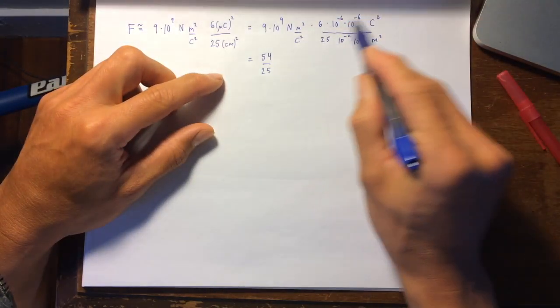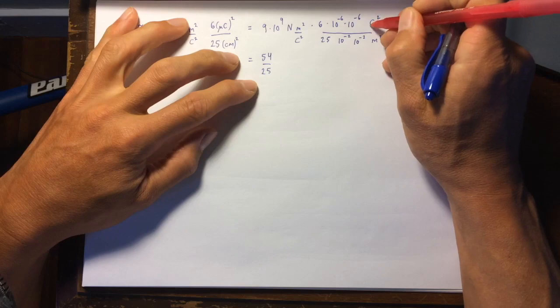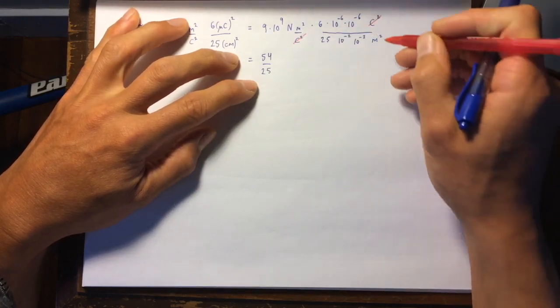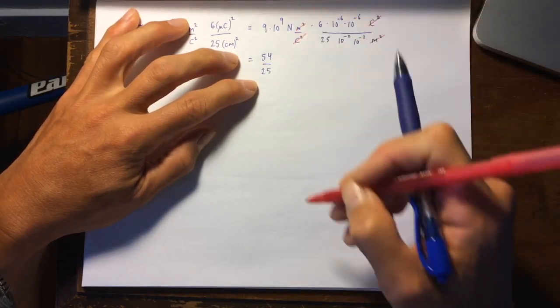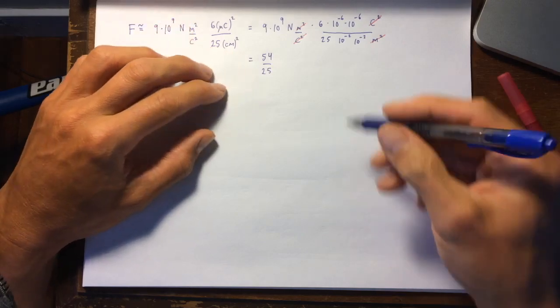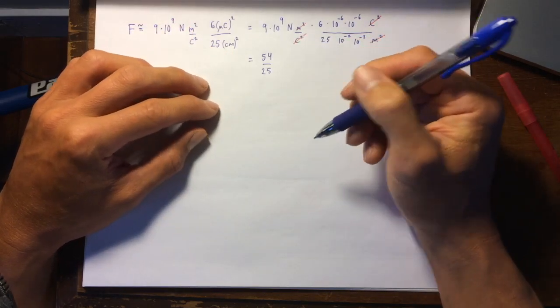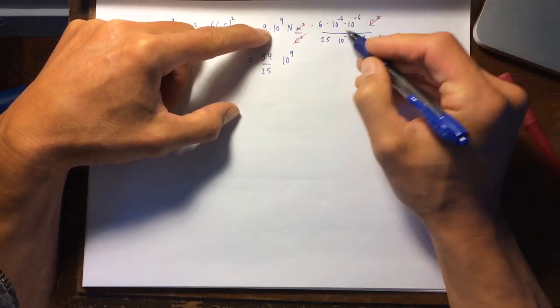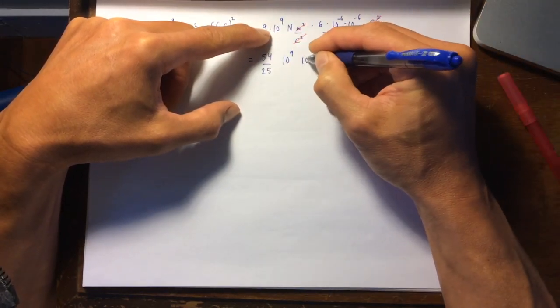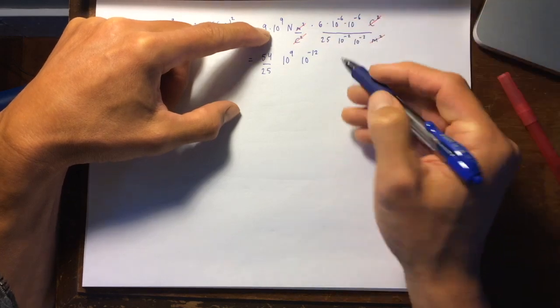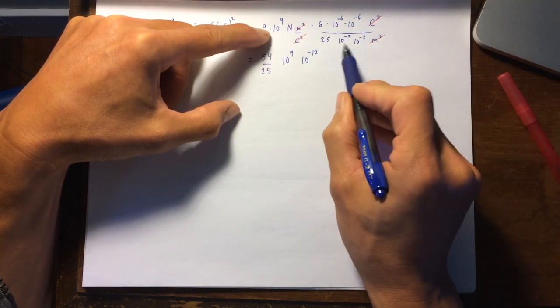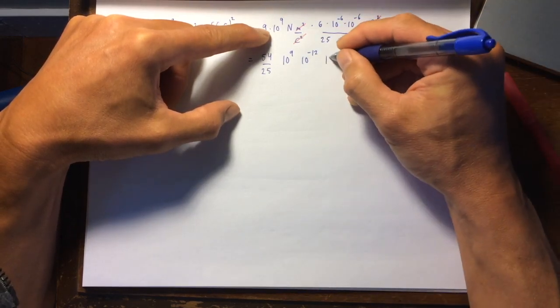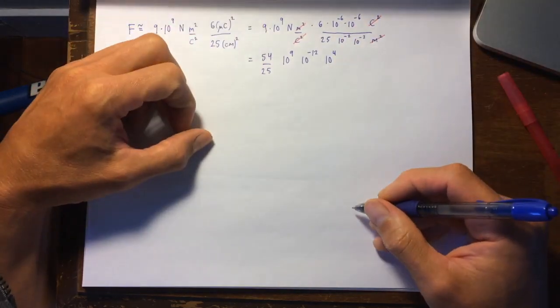The Coulomb squared and the Coulomb squared cancel each other, and the meter squared and the meter squared divide out to 1, and the only unit left over is the Newton. But I've got 10 to the ninth, I've got 10 to the minus 12th, and then I've got 10 to the minus 4 on the bottom becomes 10 to the positive 4 on the top.